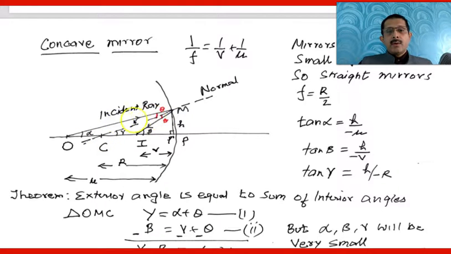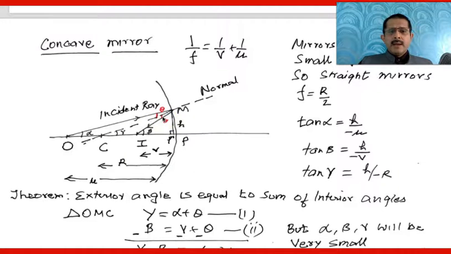This is the incident ray. Note that the angle between the incident ray and the normal is theta, so the angle of reflection would also be the same, theta, and it will be reflected back here.